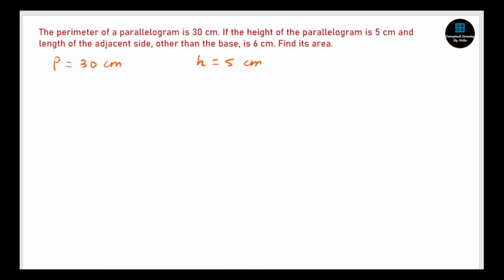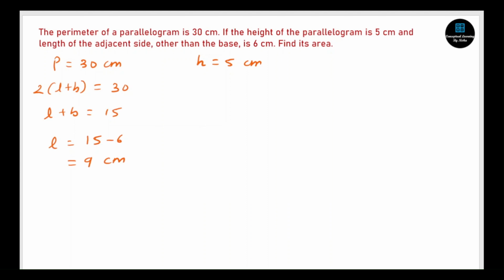Perimeter is 2 times length plus breadth, which equals 30. So L plus B equals 15, and one side other than the base is 6 centimeters, so length equals 15 minus 6, which is 9 centimeter.